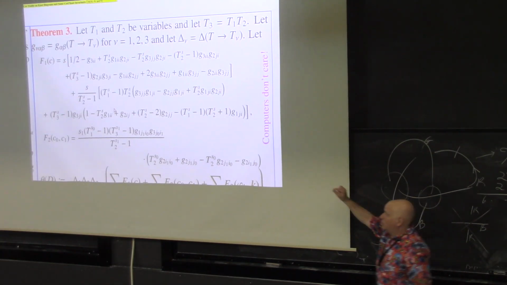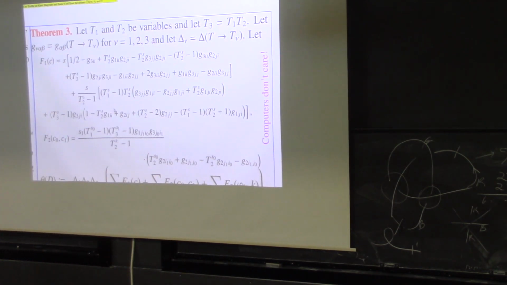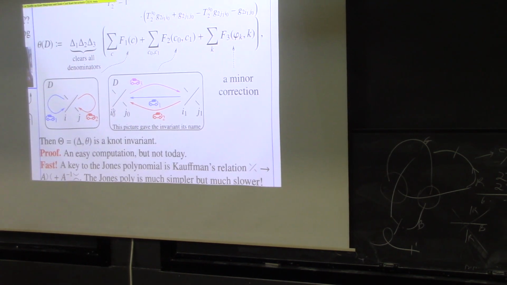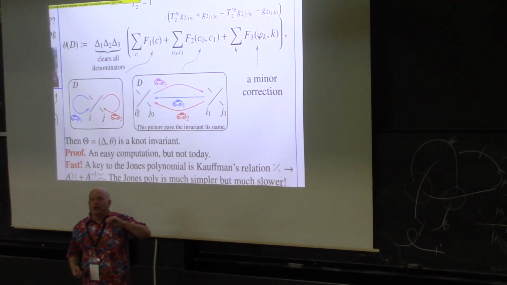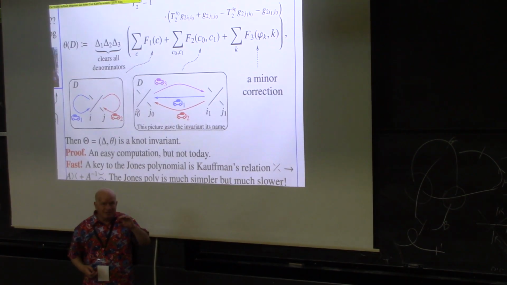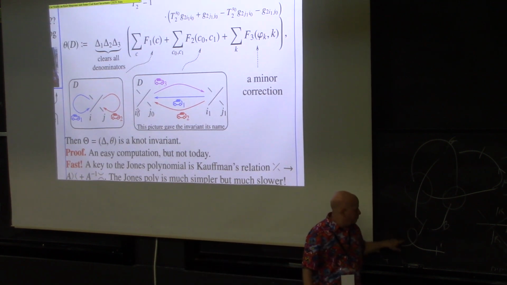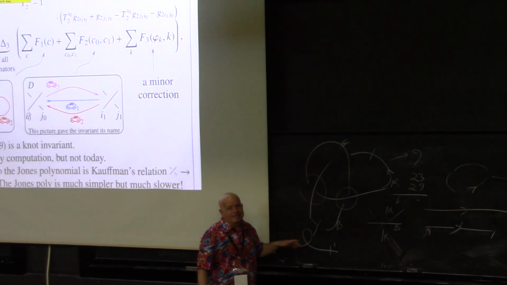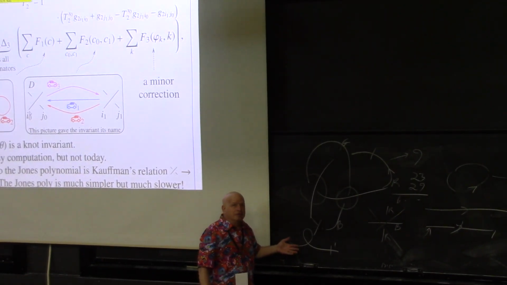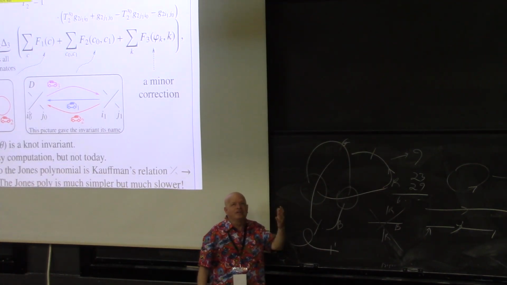When I gave the formulas, I said, here there is a minor correction. Without the minor correction, it's not an invariant. The correction has to do with places where there is a rotation. And that's exactly what virtual knots do. They allow you to talk about where there is a rotation, even though it's just virtual.